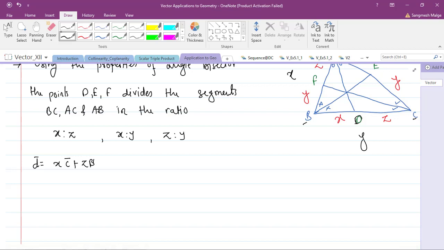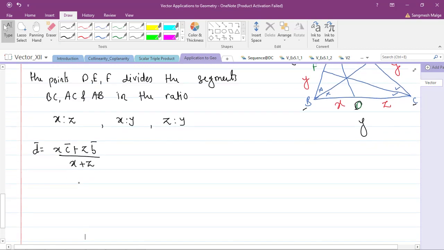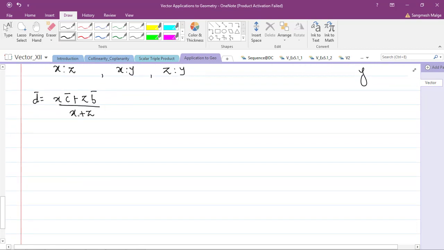Okay, let's write down the small b. x C bar plus z B bar upon x plus z, which implies x plus z into D bar is equal to x C bar plus z B bar.